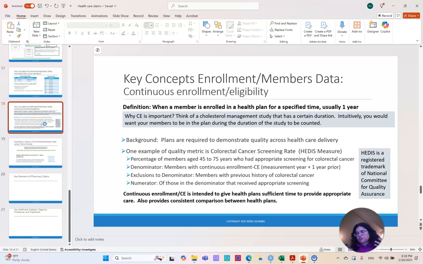You could argue both ways whether that's a good thing or a bad thing, but this is how HEDIS and quality metrics are done. And this is how studies are also thought about. And so continuous enrollment is a key concept in medical studies.